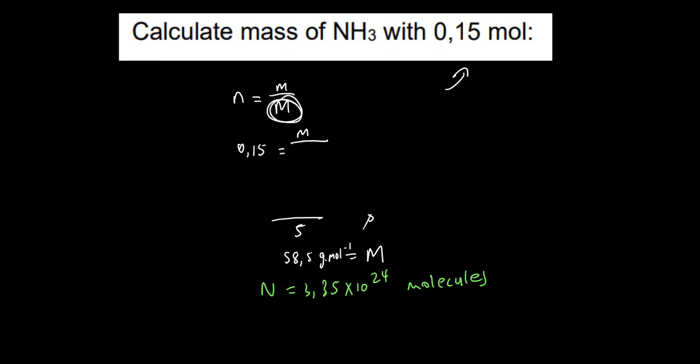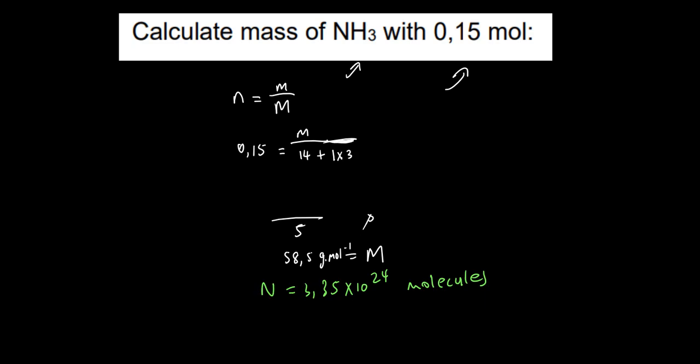Now remember, NH3, you can calculate its molar mass from the periodic table. So for nitrogen, what is the mass of nitrogen? I believe it's 14. And then what about hydrogen? For hydrogen it's 1. But there are 3 hydrogens there. So you multiply by 3.